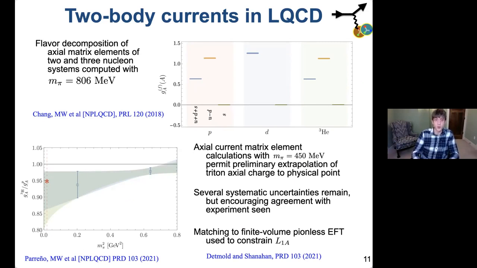So there have been exploratory calculations to try and get at these 2-nucleon currents from lattice QCD using exploratory ensembles with very heavy quark masses corresponding to 800 MeV pion masses, where the signal to noise problem is much less severe.